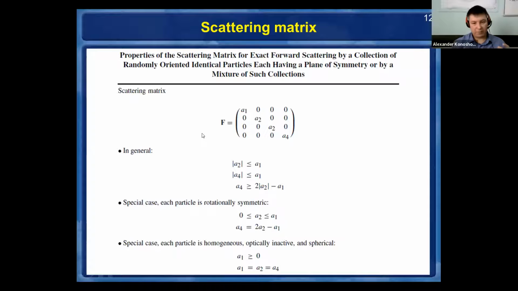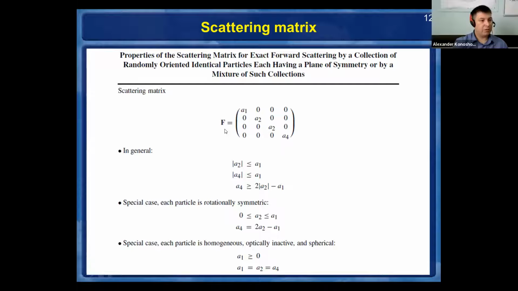This is why we usually suppose that we do not need to calculate the exact forward scattering matrix for small particles. But if you are talking about cirrus clouds, the forward scattering matrix is not very simple.